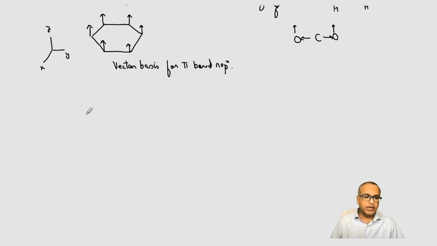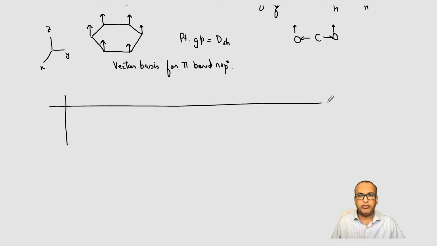So what is my point group? The point group here is D6h. So let us see what happens to these arrows when we perform different symmetry operations under the D6h point group.